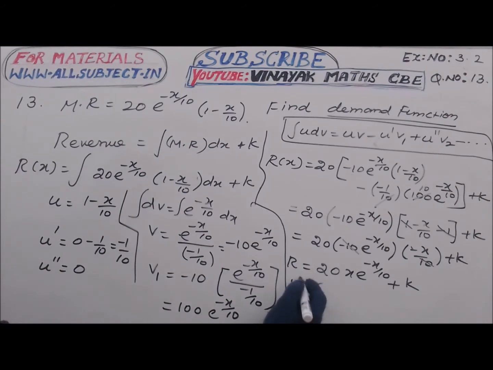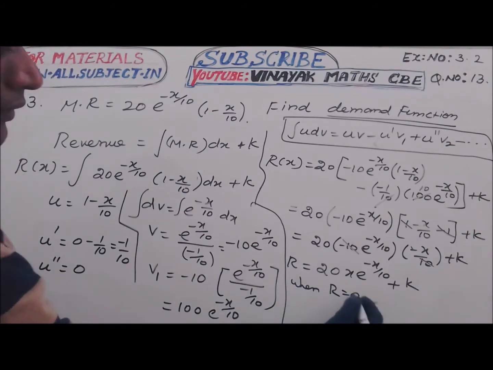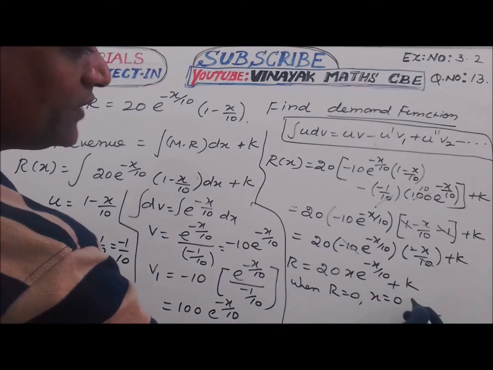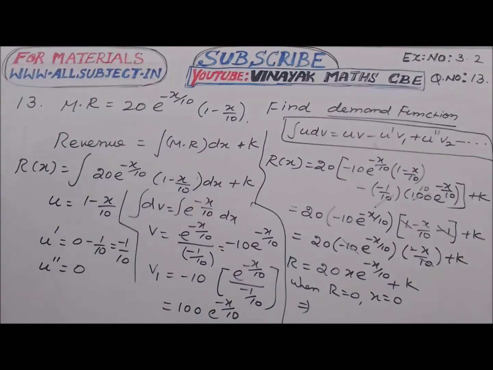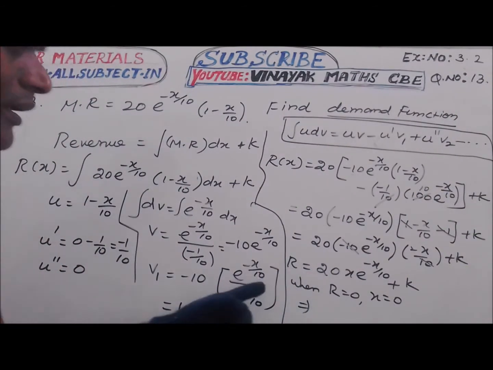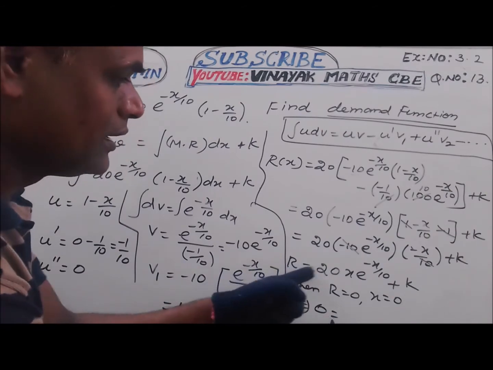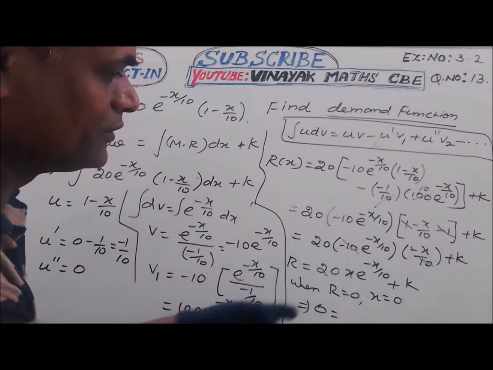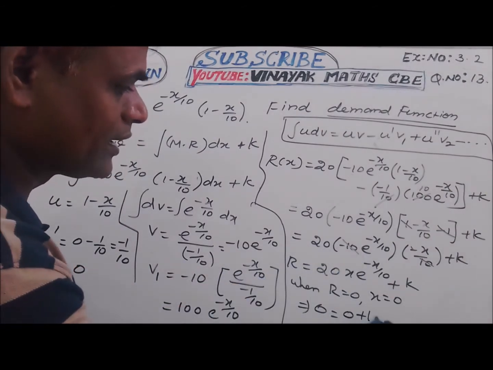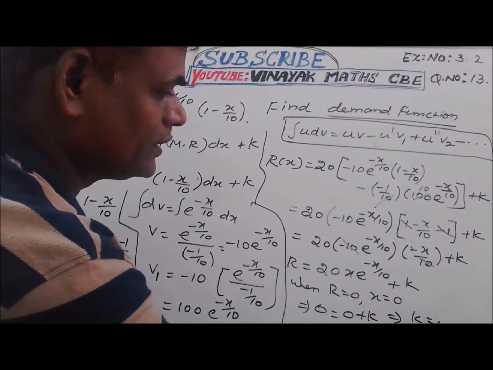When r equals 0, x is equal to 0. Substituting in it, 0 equals x times 0, meaning the total term becomes 0, and 0 plus k, which implies k equals 0.